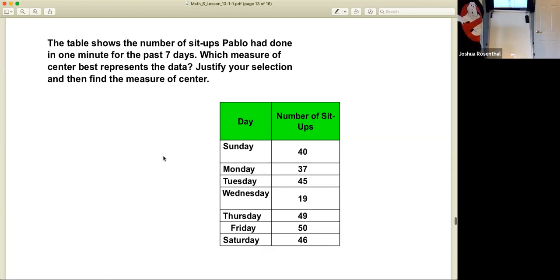If your average is going up, that's great. But maybe day to day, it goes up and down. It's hard to see. But if you do it every week and you take the average of sit-ups, then maybe you can see progress if you're getting better. Okay, so go ahead and do this problem. 2 minutes, go. Determine what is the best measure to use, go.